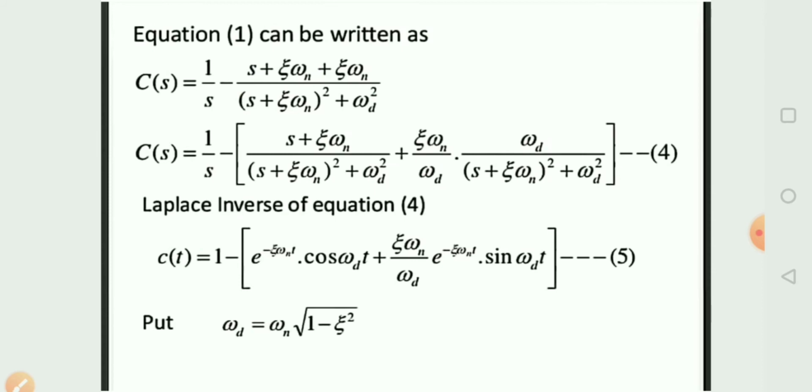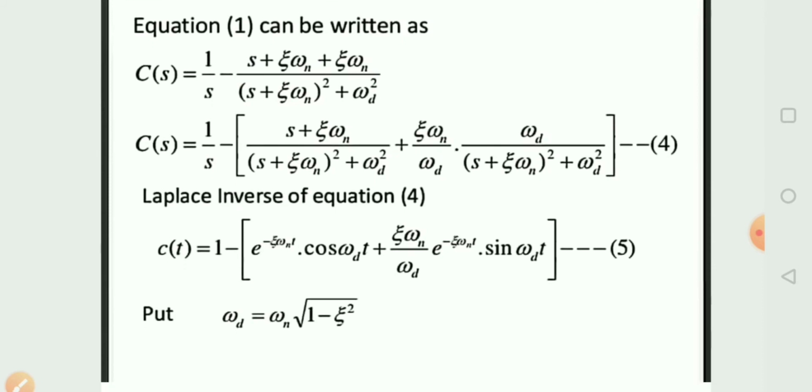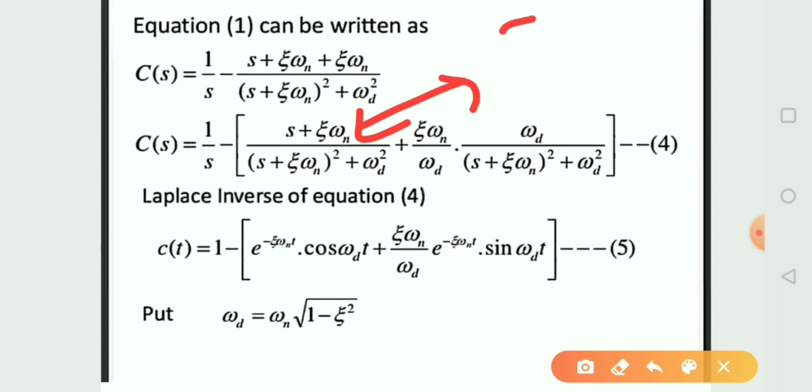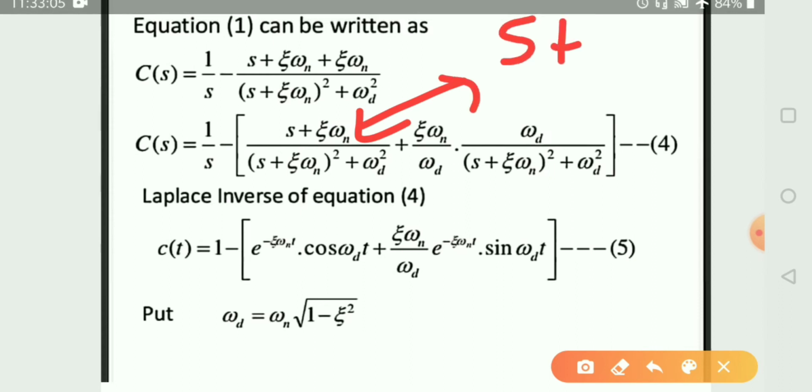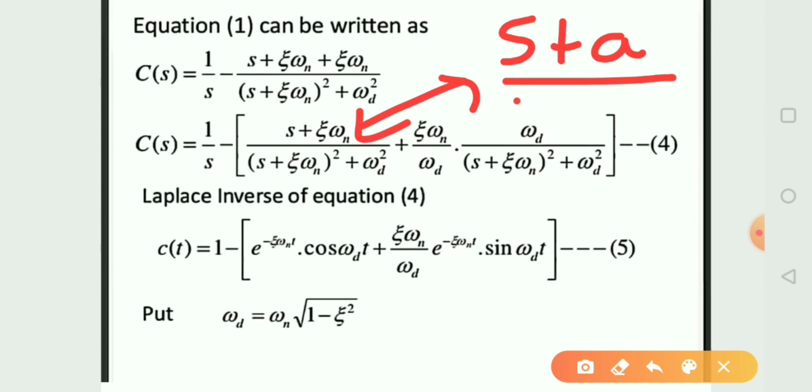We know that this term is like (s + a) over (s + a)² + ω².